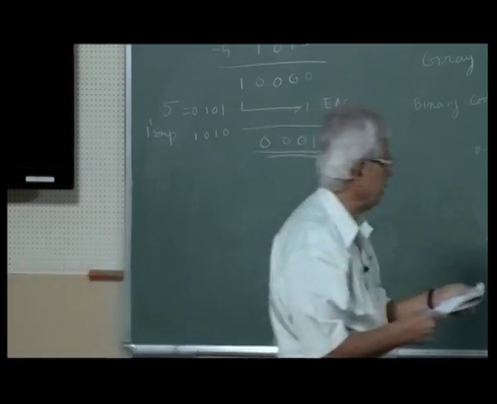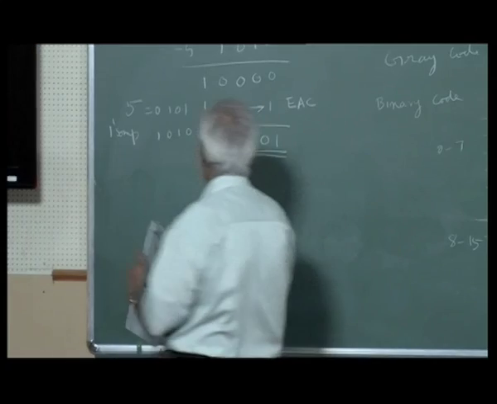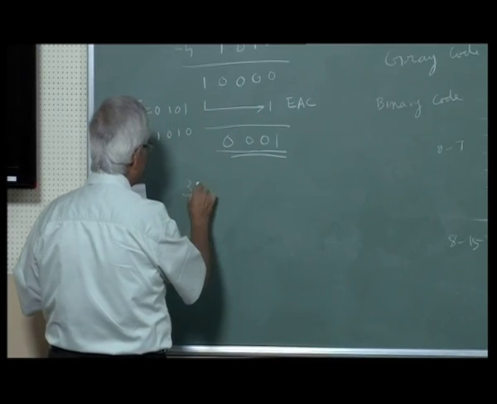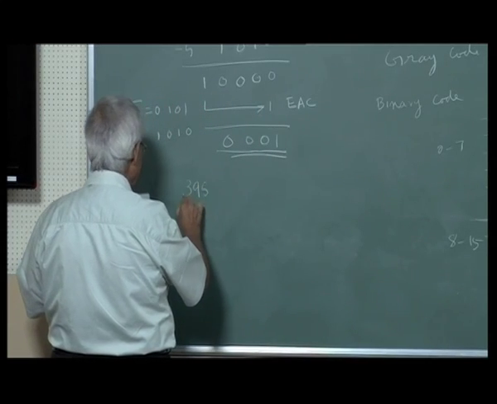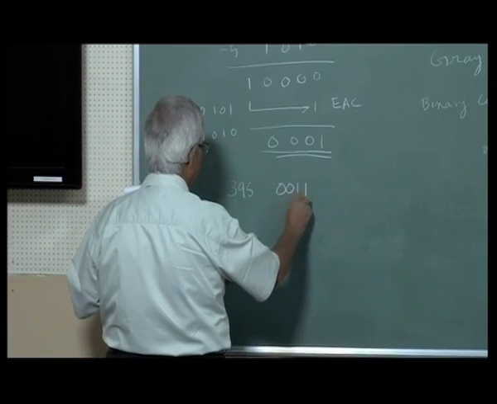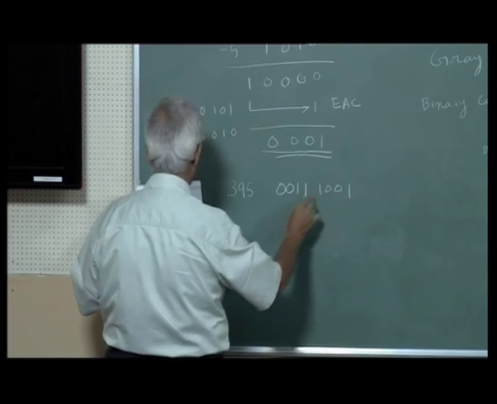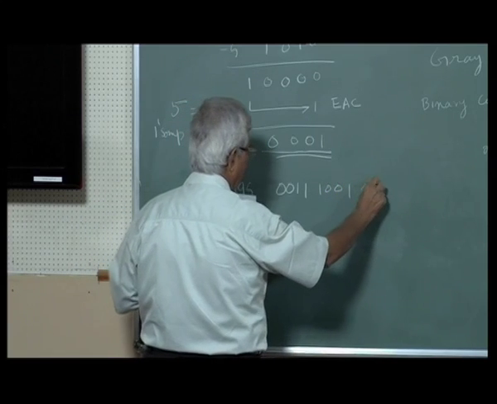You take a number 395, I will write it here. Number 395, if you write each digit as a binary number, 0011, 1001, 0101.